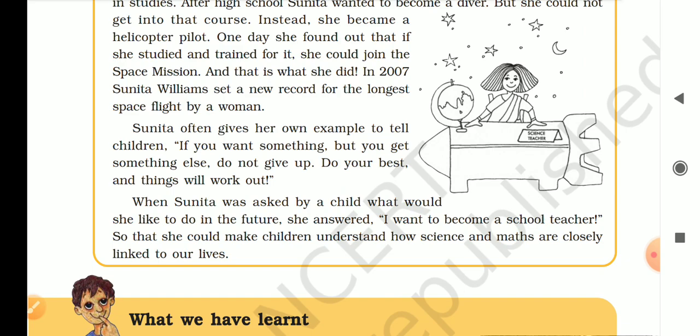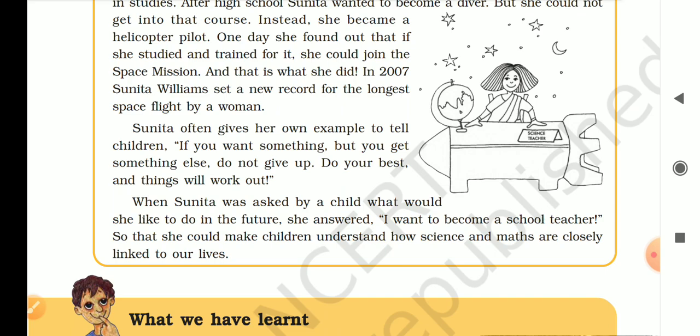Sunita often gives her own example to tell children, if you want something but you get something else, do not give up, do your best and things will work out. It's very inspiring, and you should try to follow the lines given by Sunita Williams.